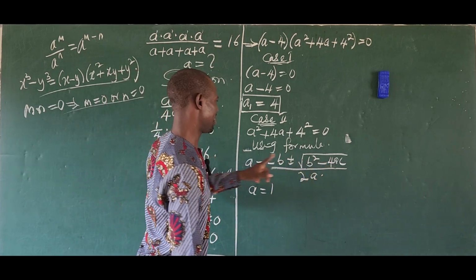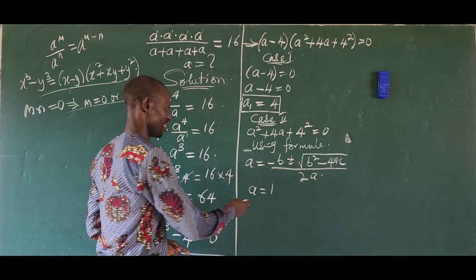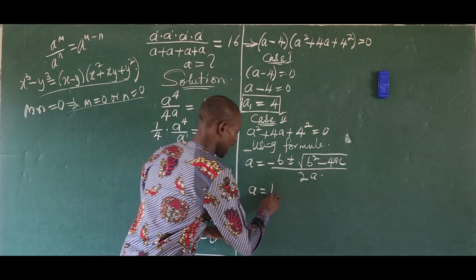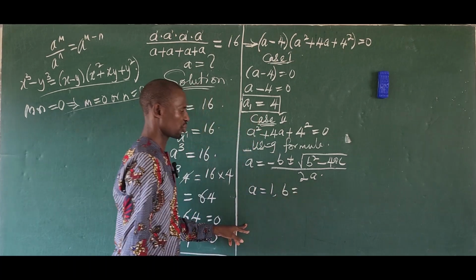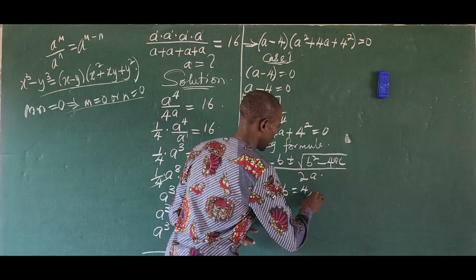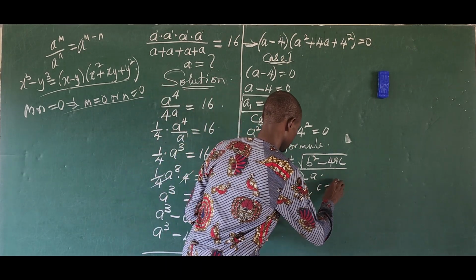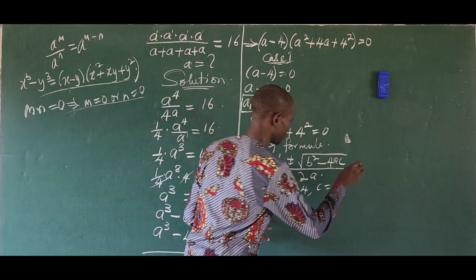This a is different from this very a here, so don't be confused. Our b is the coefficient of just a, which is 4, and our c is the constant term, which is 4^2.